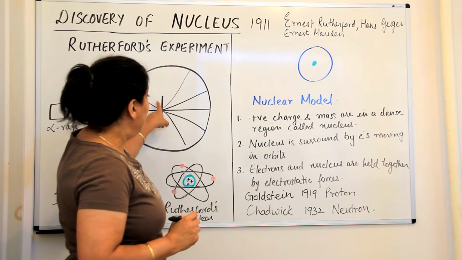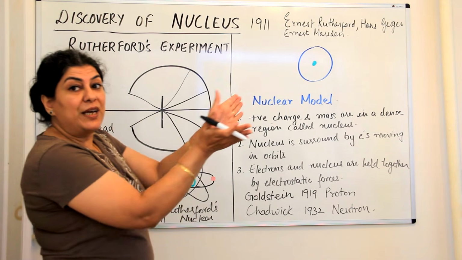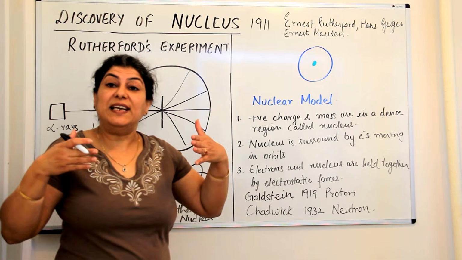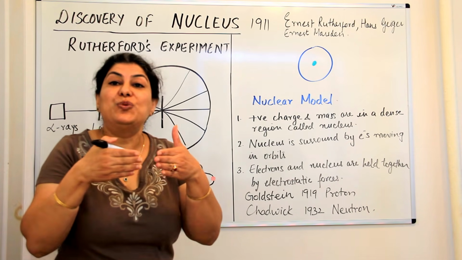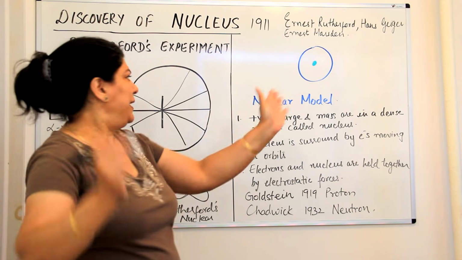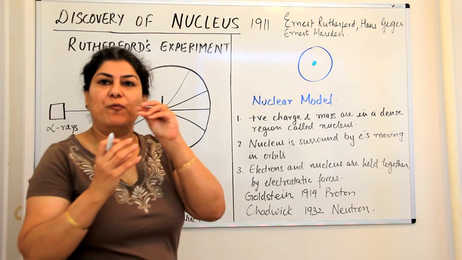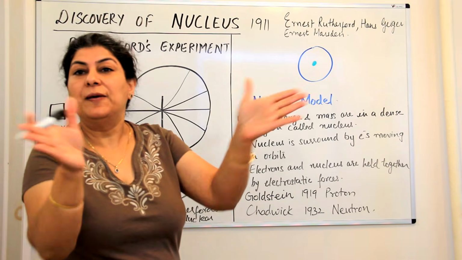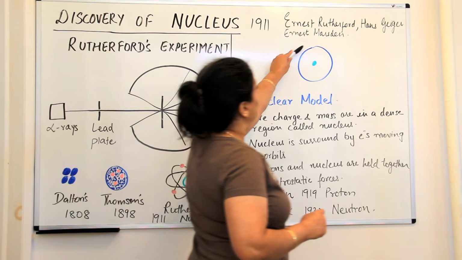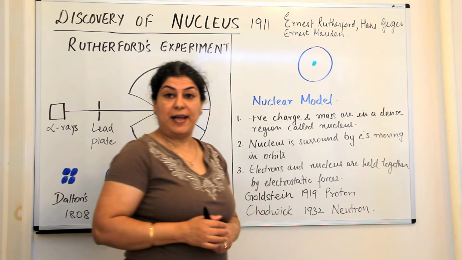Do you observe that these rays were diverging, not converging? If it was a negative charge, they would have moved towards it. But these were moving away, which meant that there was positive charge somewhere pushing the alpha particles away.